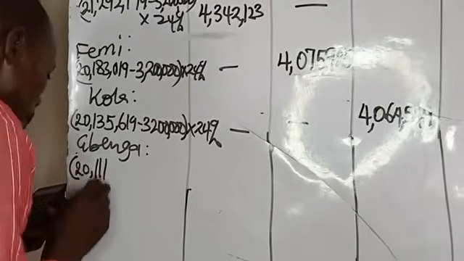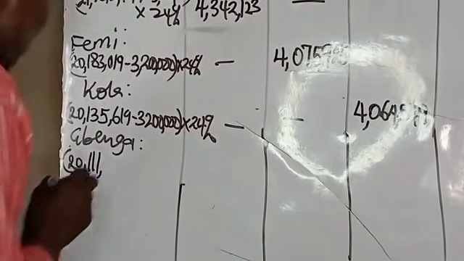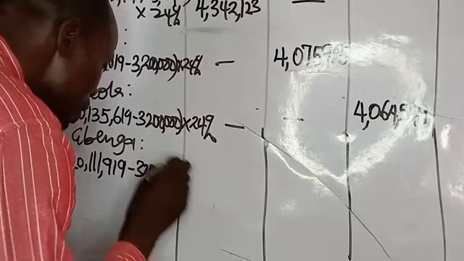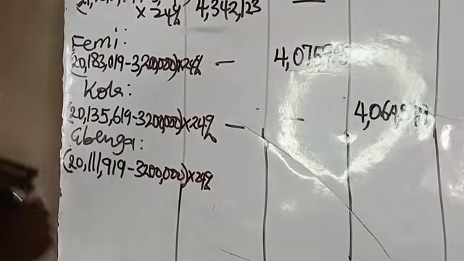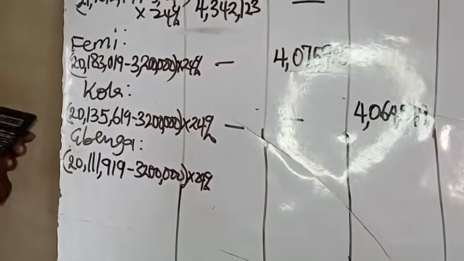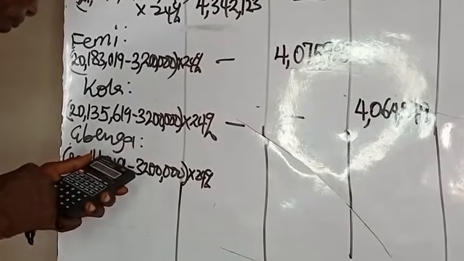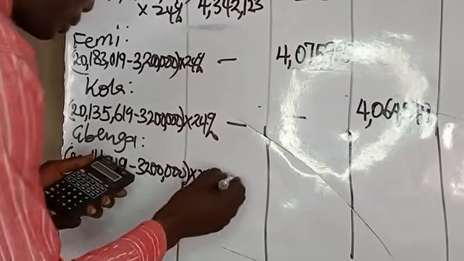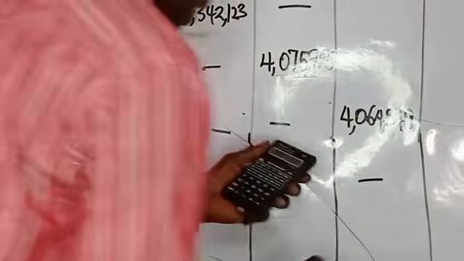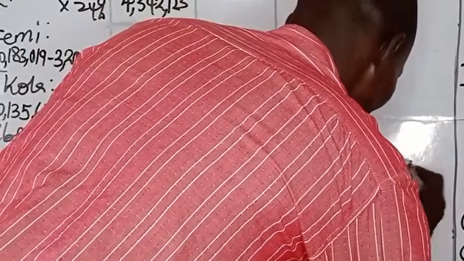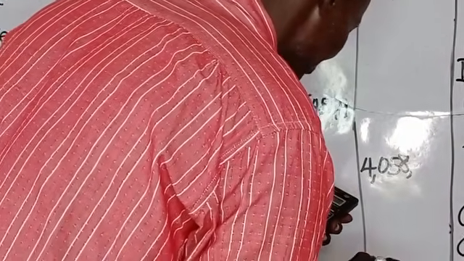We have 20,111,919 minus 3.2 million, which has been taxed earlier, then 24%. 20,111,919 minus 3.2 million times 24%. We have 4,058,861.